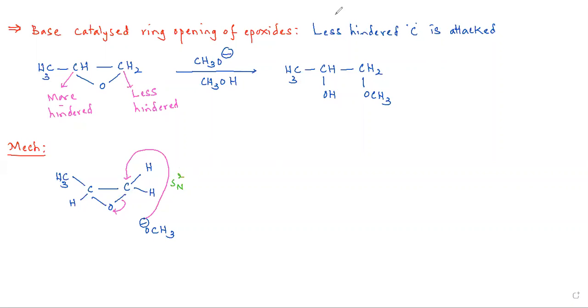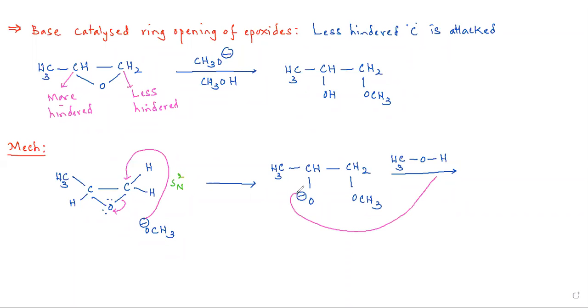Now here we get CH3, CH, this will be O minus, this of course is CH2, OCH3. Then taking the methyl alcohol, you can abstract a proton to get methoxide again.